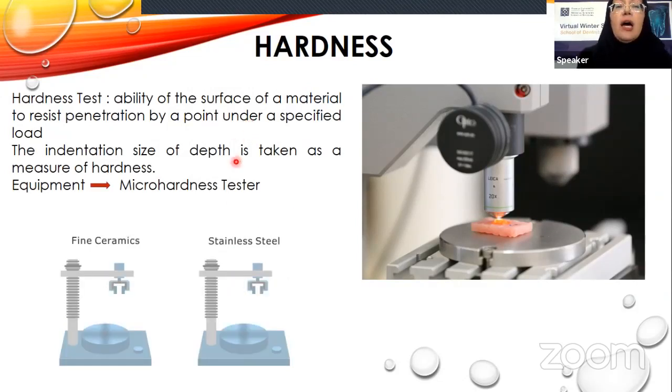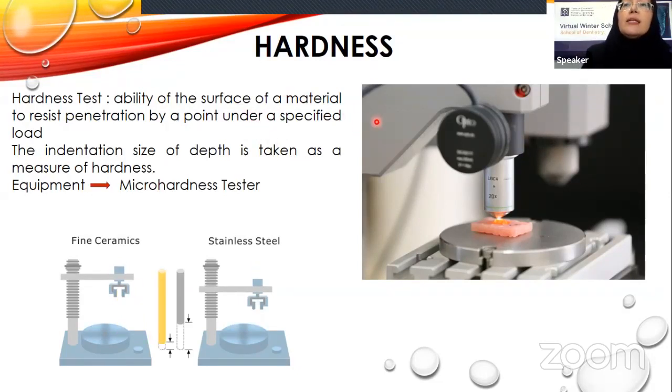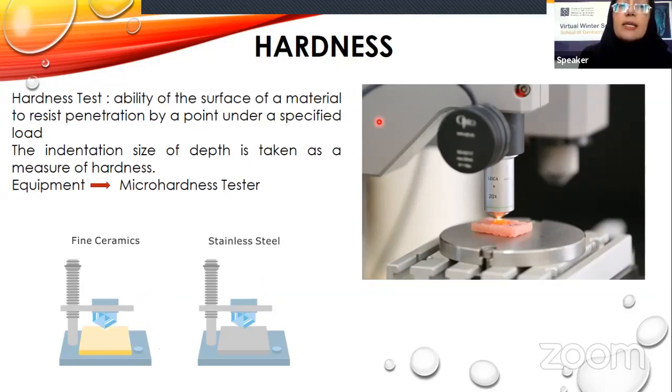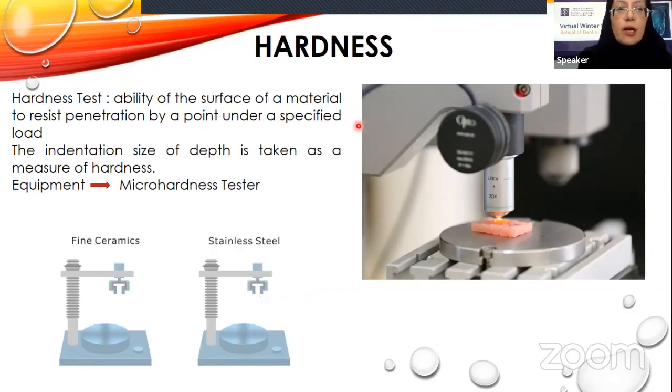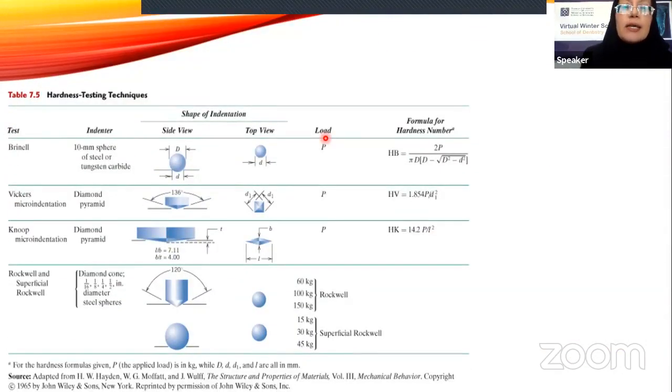The other mechanical test is hardness. Actually, a hardness test measures the surface mechanical properties of materials. For measuring hardness, we have different hardness devices: Brinell, Vickers, Knoop, and Rockwell.